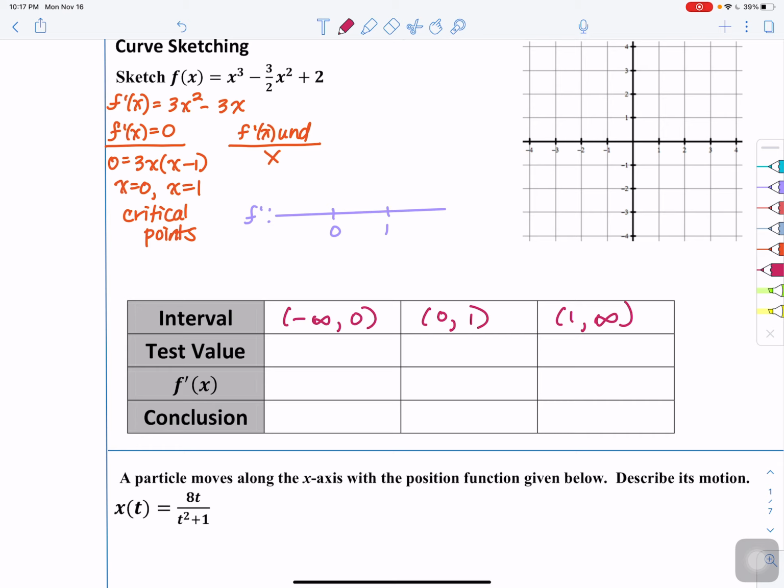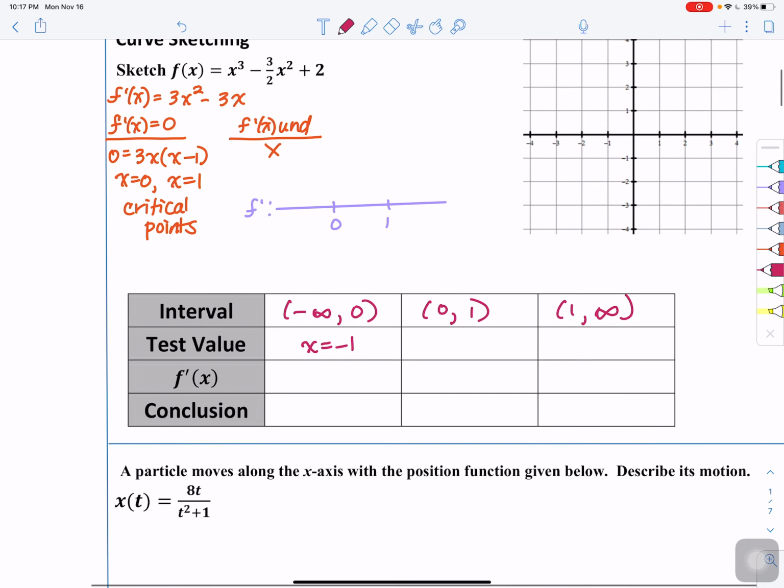So we can pick a test value anywhere in here. So I guess why don't we just go ahead and pick x equal to negative 1 and test the derivative there. Now you might be asking, well, what am I plugging this into? Well, that's why I labeled my sign chart as f prime, because this is a chart showing f prime's sign, whether it's positive or negative, okay? So it's really important to label that.